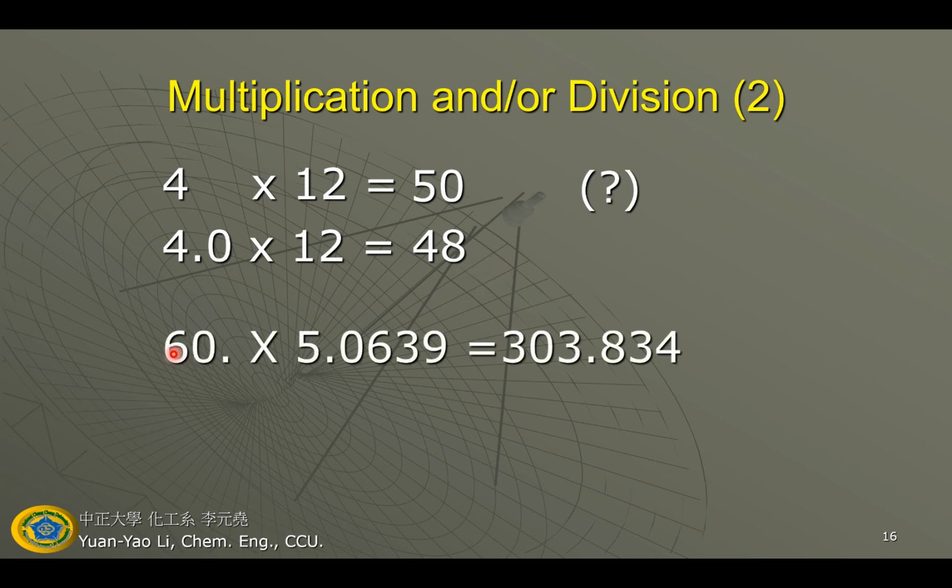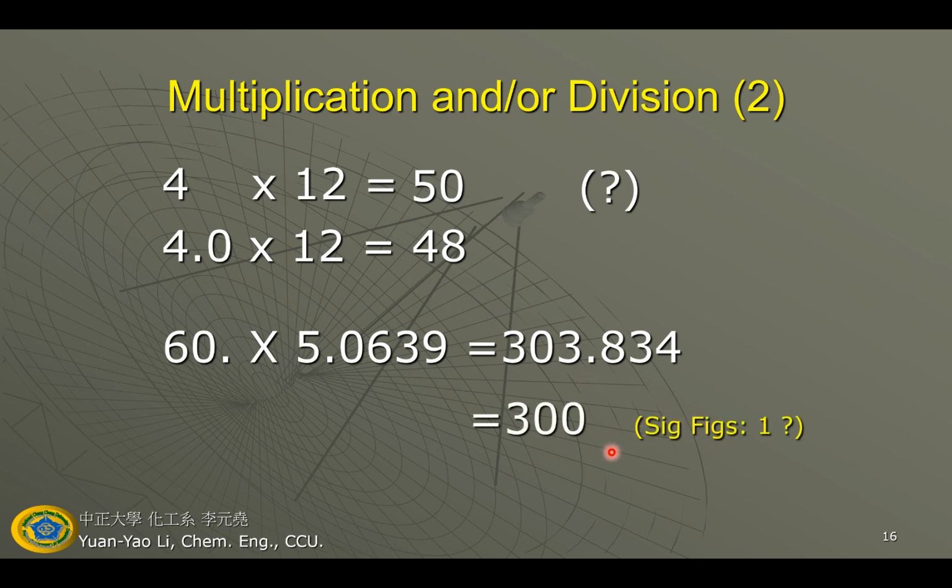How about this one? The 60 point, how many significant figures are there here? 2, right? Because if you don't have a decimal point here, you will only have one significant figure. So this is 2, this is 5 significant figures. And how many significant figures here? 6, right? Because you want to have two significant figures, as a result you get 303.834, and in the end you round it off, so you get 300.